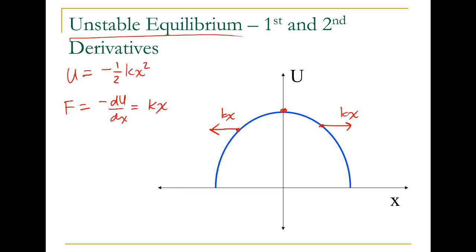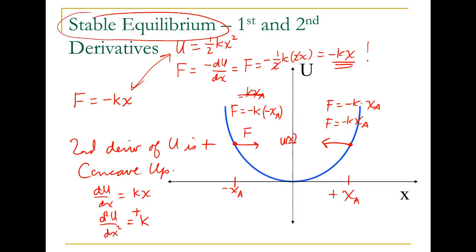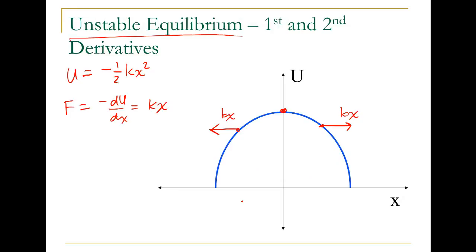This is what we call an unstable equilibrium, where the force ends up pushing away from the zero point. Notice that back here, these forces were pushing inwards towards zero, and here they're pushing out.